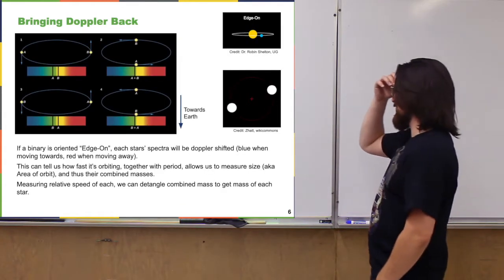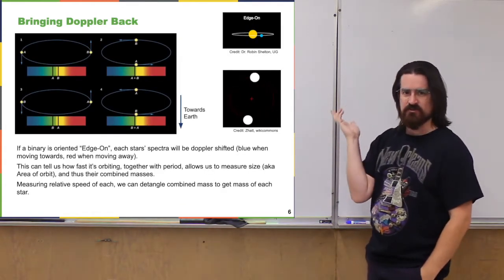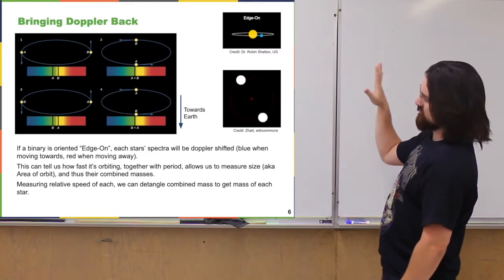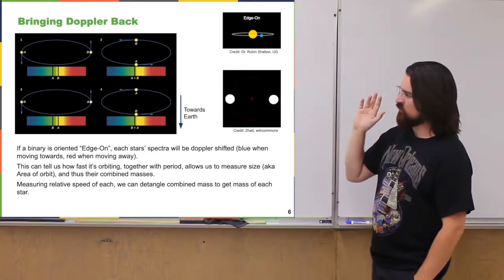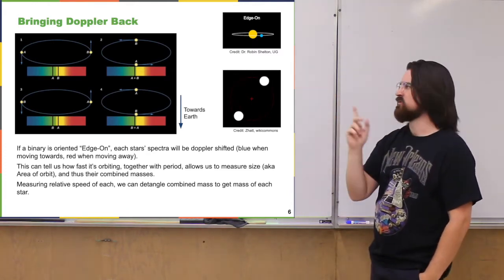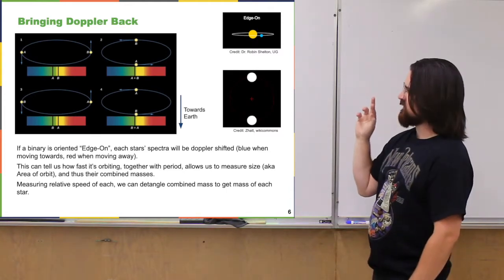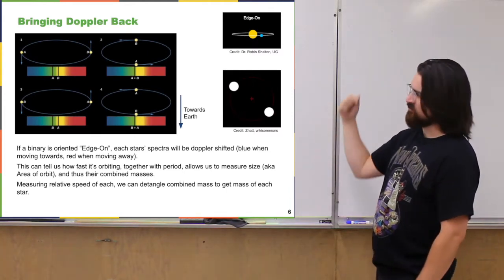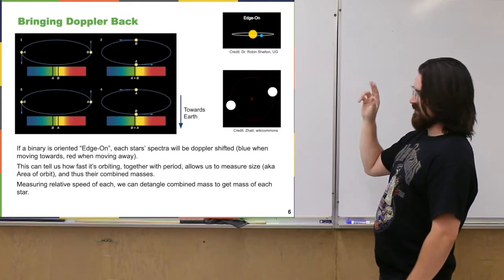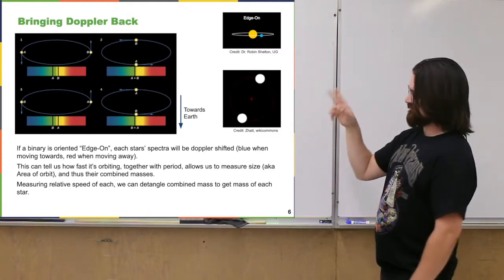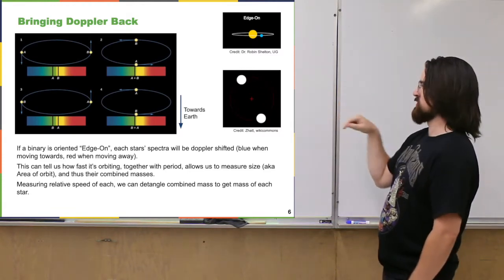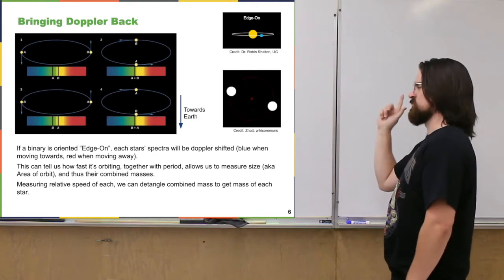And just to note how we might get the individual speeds of these stars, remember that watching a star come towards you or away from you Doppler shifts the light from that star. When it's coming towards you, the light from that star is shifted a little bit towards the blue. When it's going away from you, it's shifted a little bit towards the red.